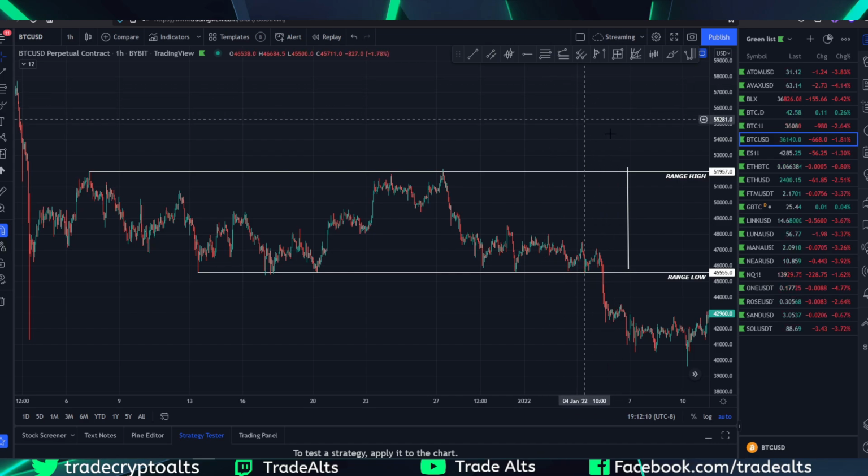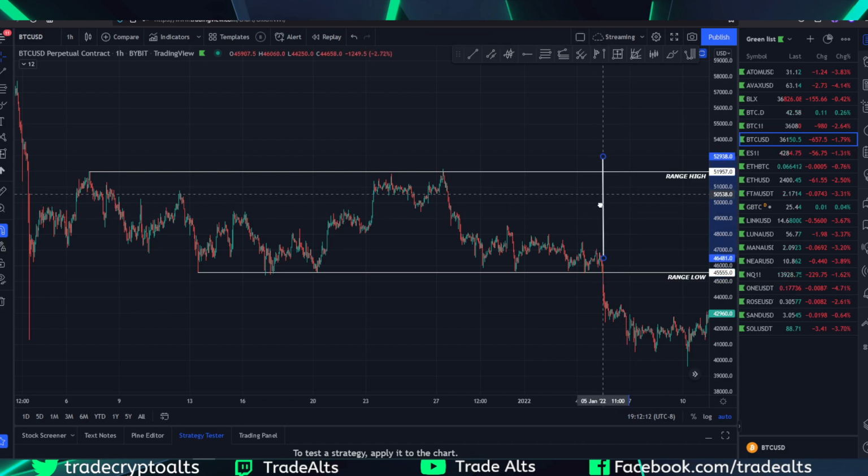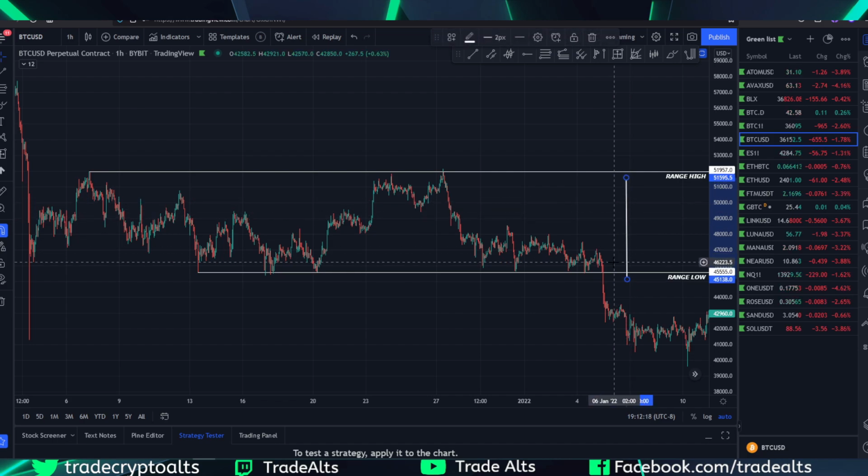The best way, in my opinion, to use this measured move is to make sure that you have confluence with other regions and don't just rely on this solely, because it's not perfect. But it often is pretty accurate.